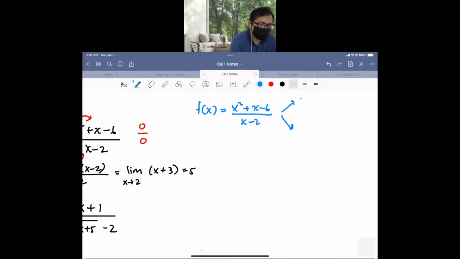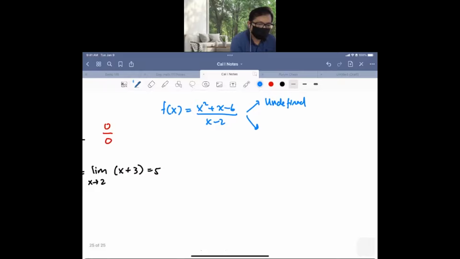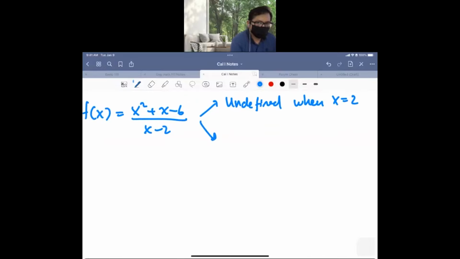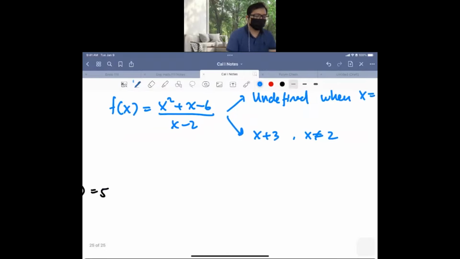This will be undefined when x equals 2. Otherwise this will be equal to x plus 3, but x is not equal to 2. This is what is really happening.